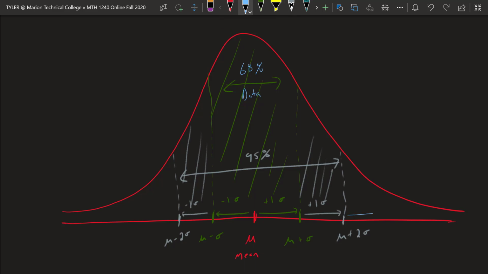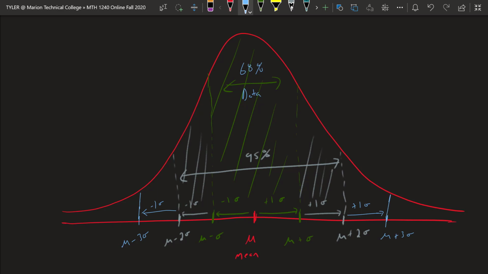And lastly, we can go one more standard deviation, plus one and minus one more this way, and make a tick mark. This tick mark value would be the mean minus 3 standard deviations, and this would be the mean plus 3 standard deviations.